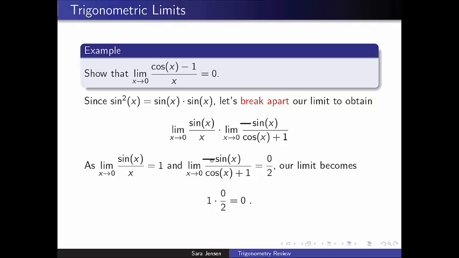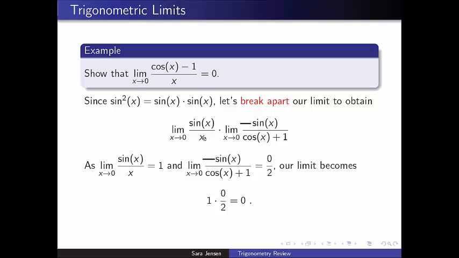Our first limit over on the left is the one we just worked so hard to compute. So we're going to replace this quantity here with 1 and this quantity here with 0. Altogether, that makes this complicated limit equal to a 1 times a 0 over 2, which turns out to be 0.